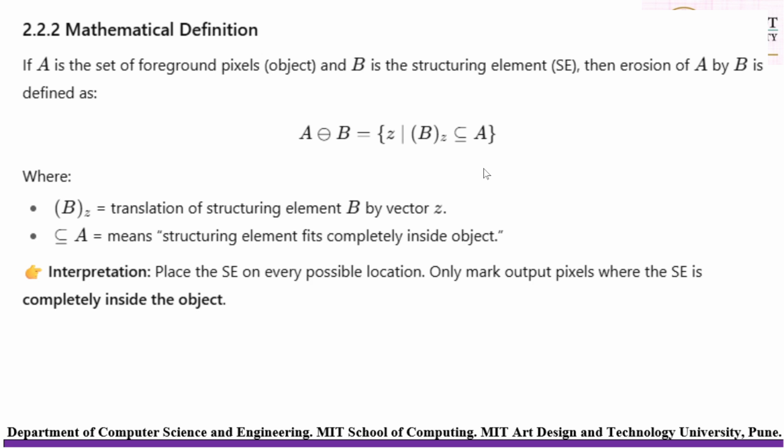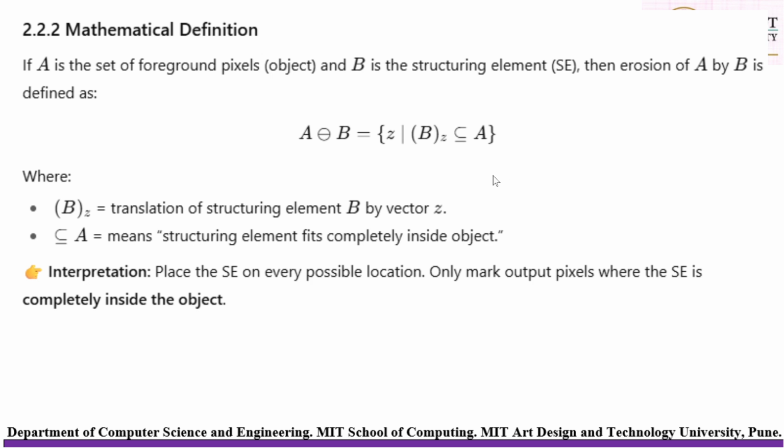It consists of the elements z such that the translation of the structuring element B, B z, is a subset of the set A, such that the B z structuring element completely fits inside the A object.